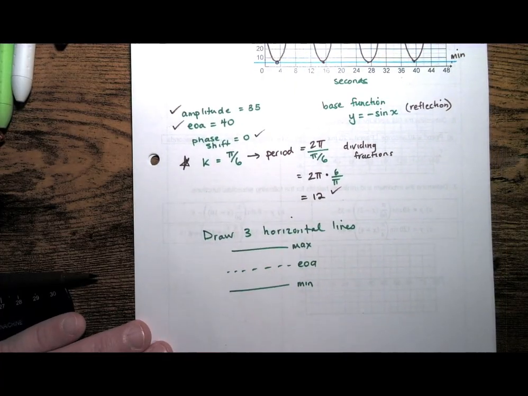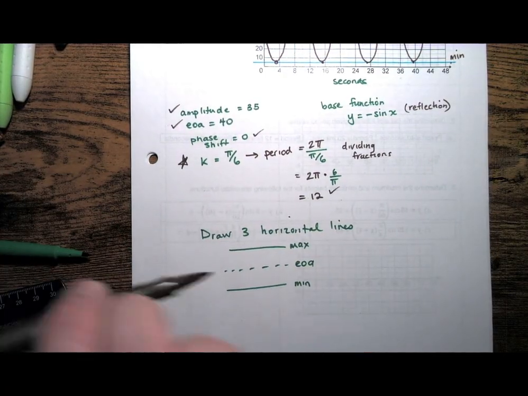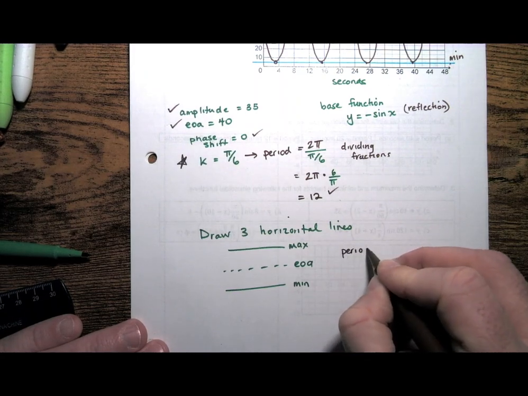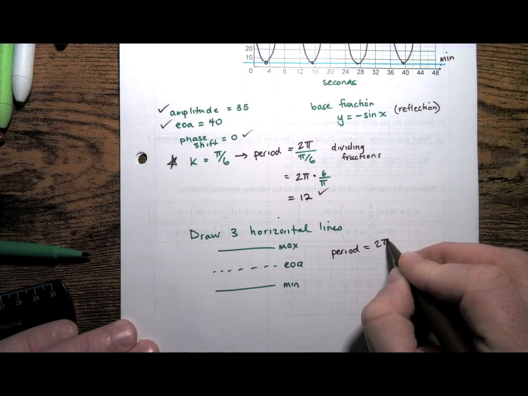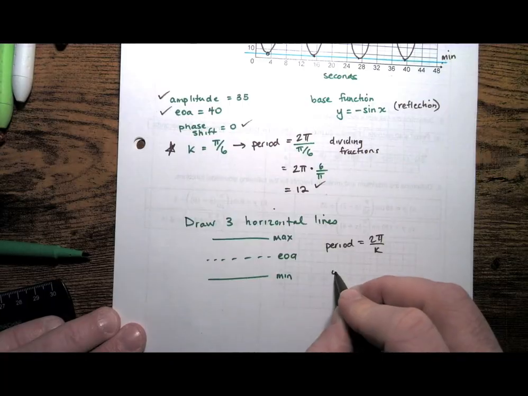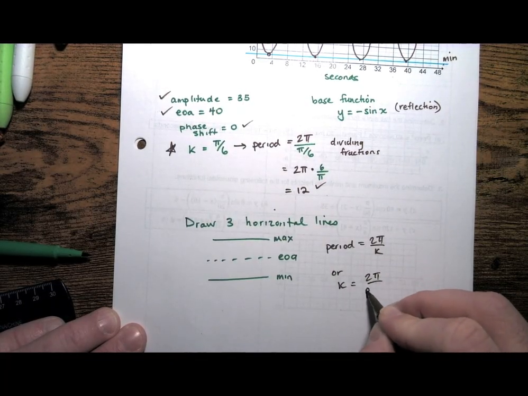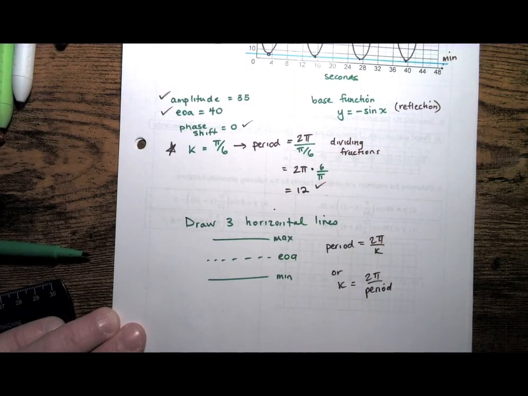Sometimes how you draw those in will determine what's going on. All right, and then make sure you have your period as 2 pi over k, or if I'm solving for k, I have to do 2 pi over the period. So you have to think about kind of how those things mix up.